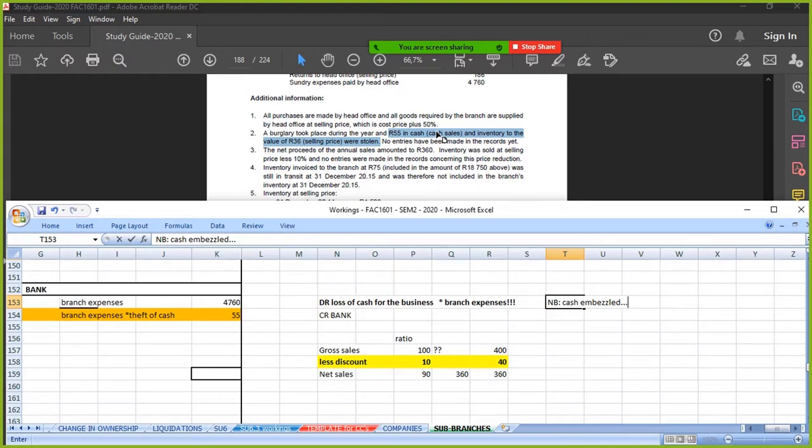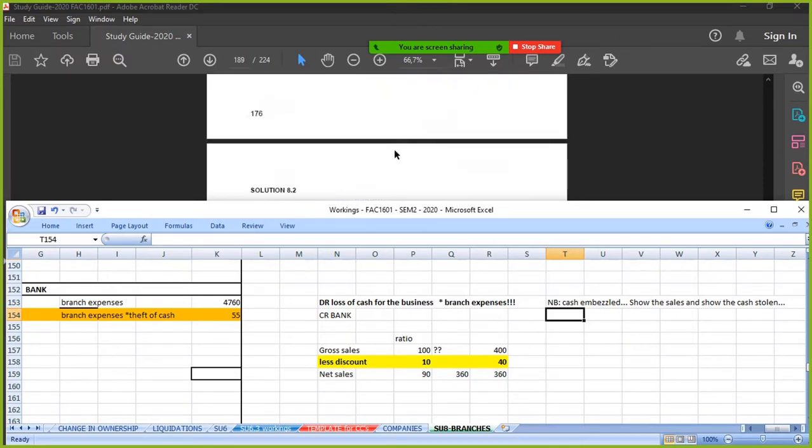All right, so that means I am going to have to show the embezzled cash. So show the sales and show the cash embezzlement, the cash stolen. Can you do the workings for that? So if there's 2 transactions, does that mean the first entry is in respect of the amount of cash banked from cash sales? Yes, that's what they've got here.